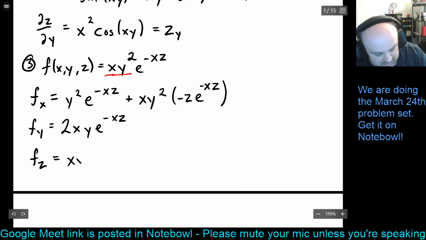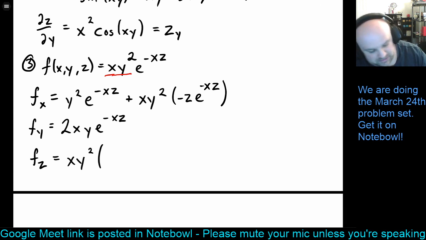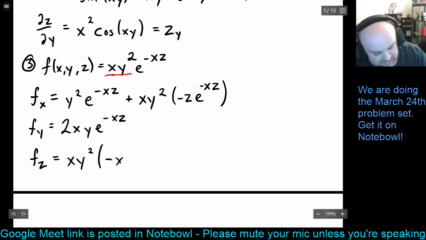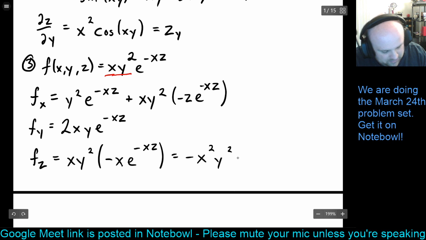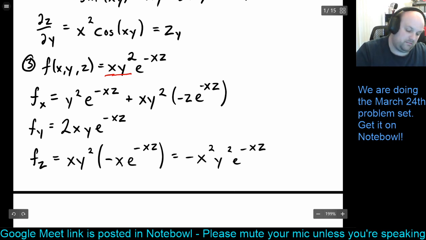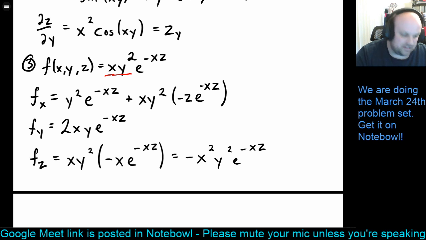Right, so we just have xy squared times, well, we want to differentiate what's in here, and that gives us the minus x e to the minus xz. Right, and, of course, if you want, you could simplify it a little bit, or maybe just rewrite it to look a bit nicer. And we wind up with that. And that's about all there is to it.